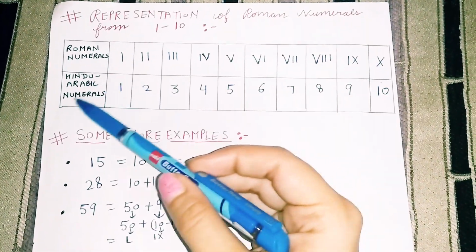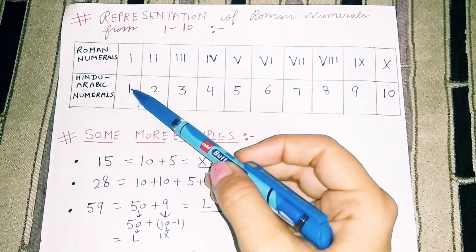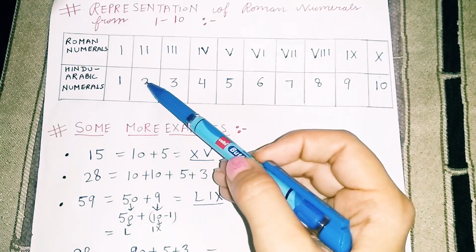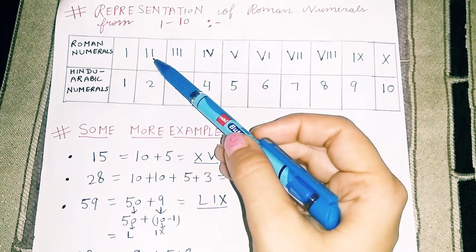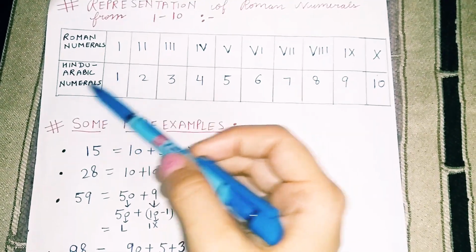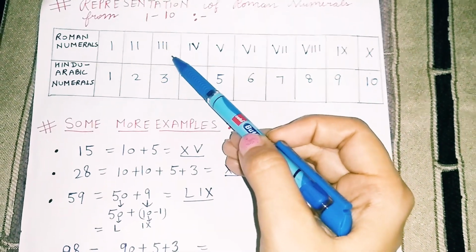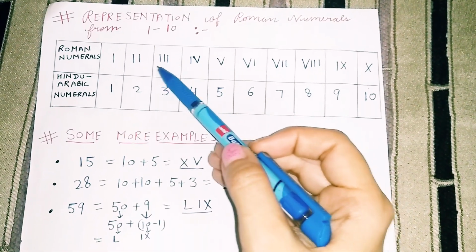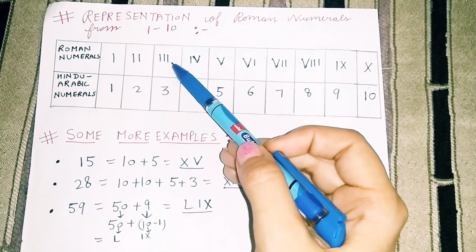In Hindu-Arabic numerals, the symbol which represents value 1 is I. The symbol which represents value 2 is II. The symbol which represents value 3 is III. But according to the rule, just recall once, you cannot use a smaller symbol more than 3 times.